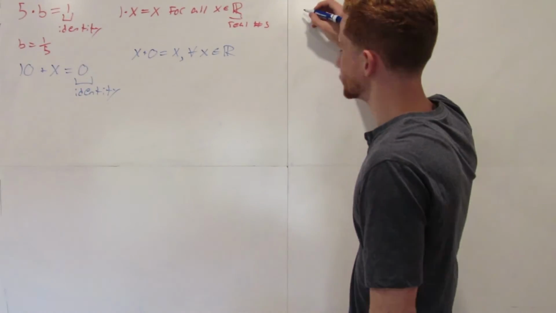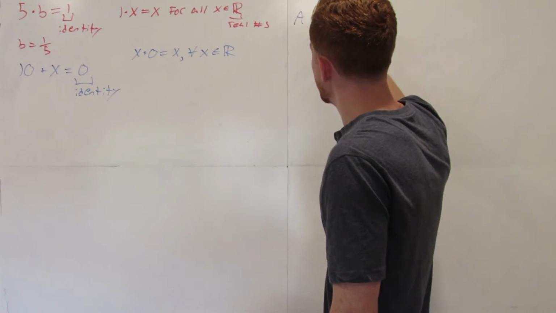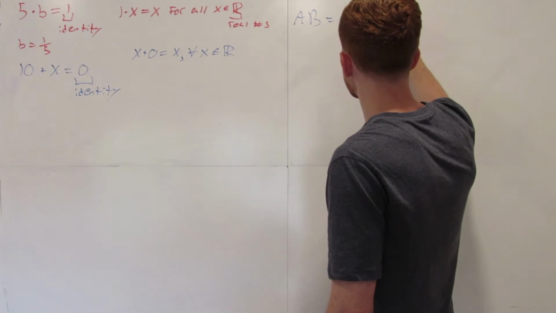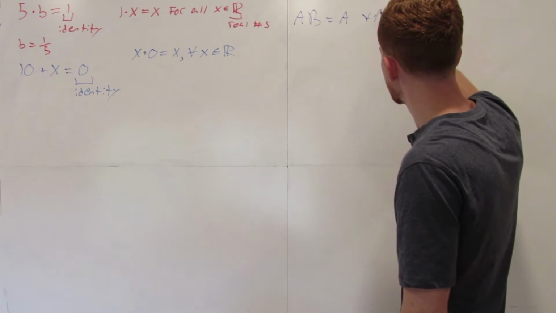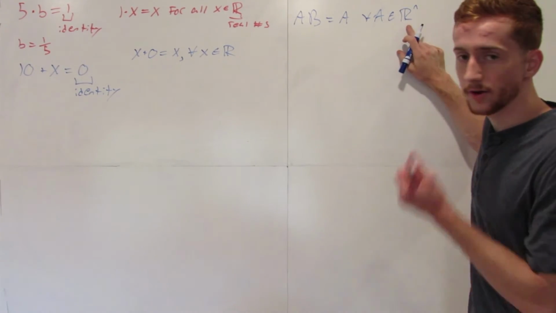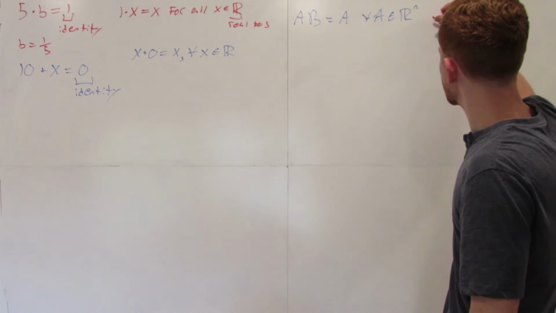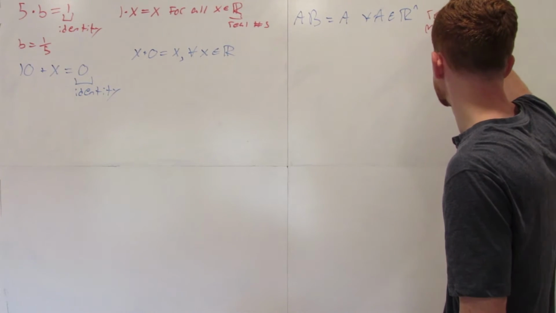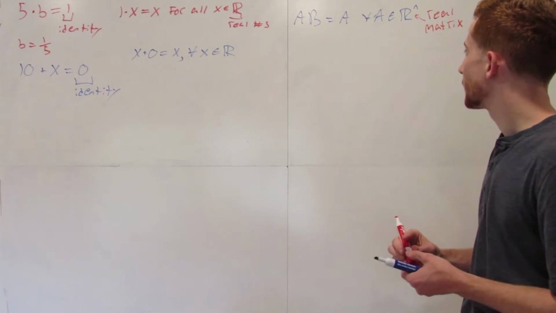So the identity element for a matrix is a matrix B such that A times B equals A for all A in the set of real matrices.